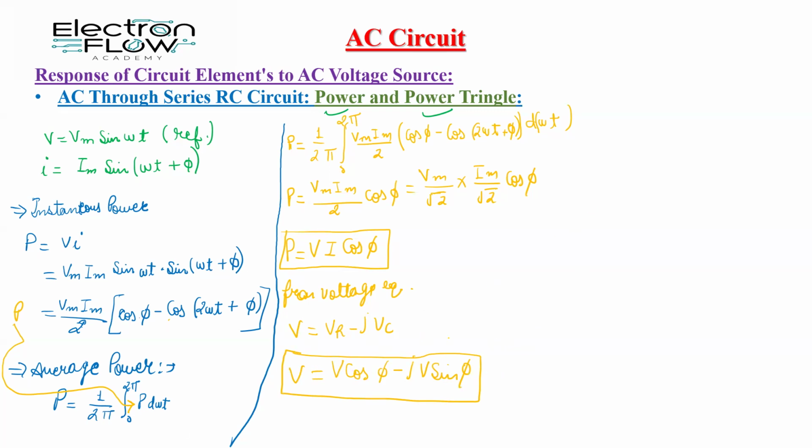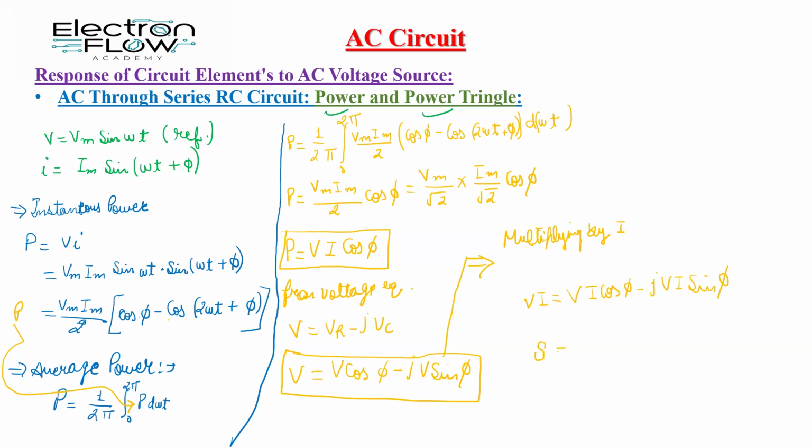In this equation, multiply the equation on both sides by current I. After multiplying by the current I, we will get VI is equal to VI cos phi minus j VI sin phi.